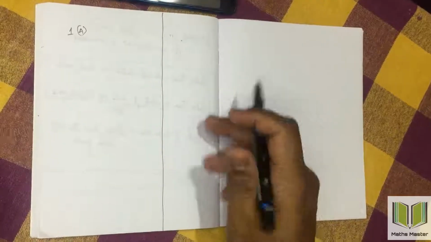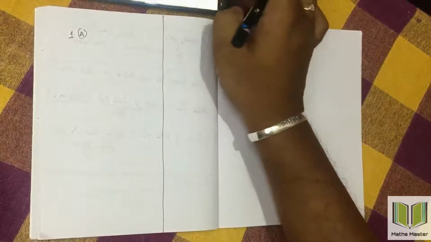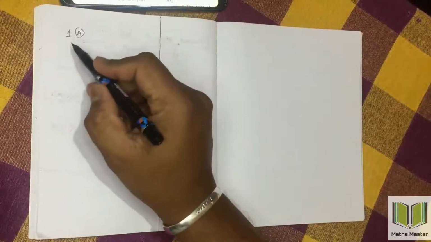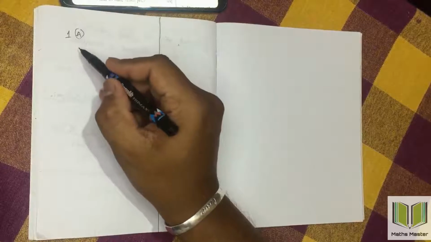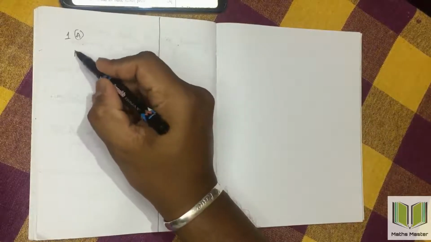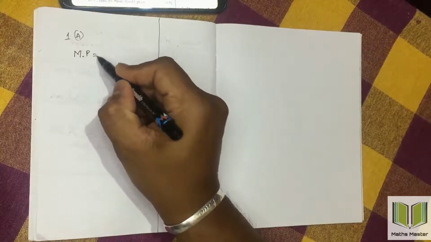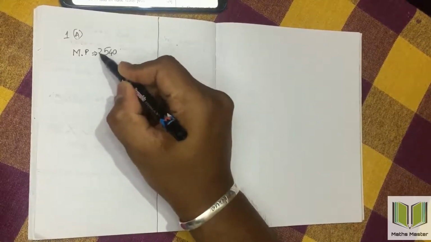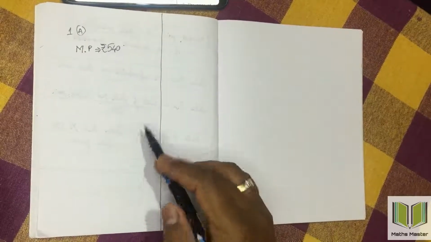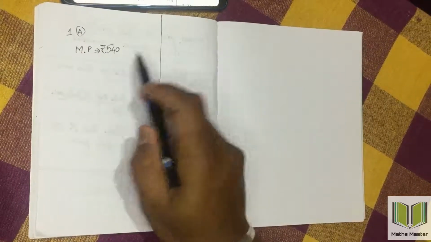Now, Rajat purchases a wristwatch costing 540 rupees, is what the question says. So that is the market price of the watch, 540 rupees.